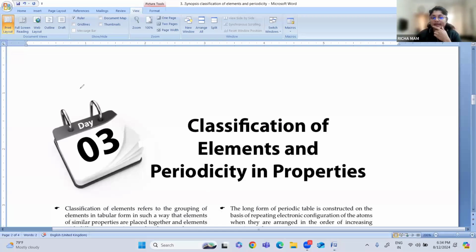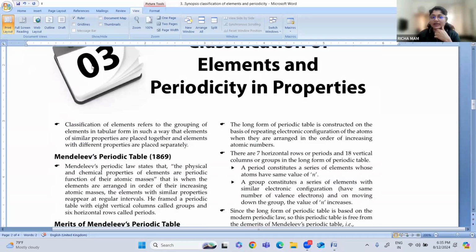So, what do you mean by classification of elements? Classification of elements is nothing but grouping the elements in tabular form, in different groups, which are having similar properties. The elements which have similar properties are placed together.